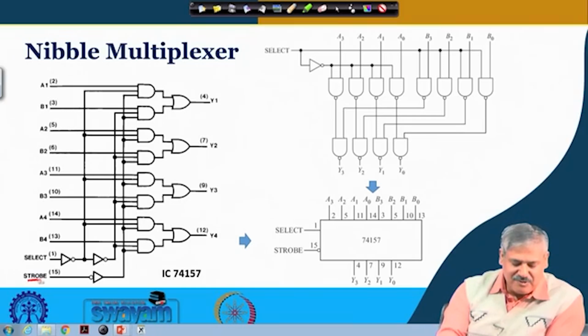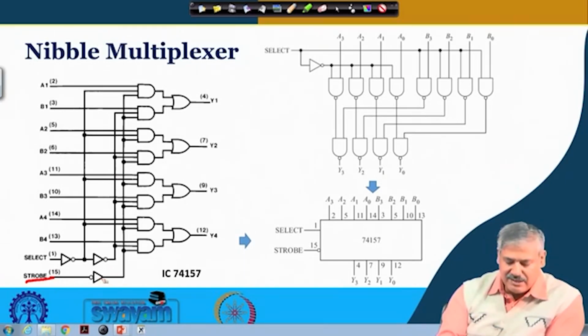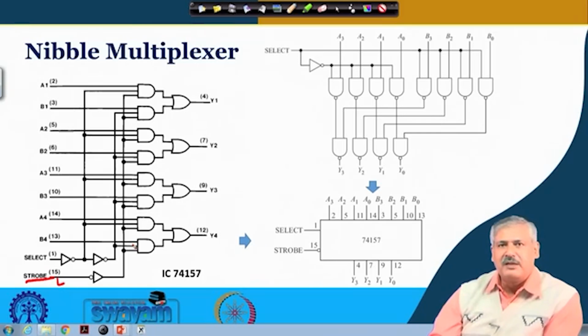So, one is strobe at the input side, which is common to all of them. If strobe is high, then the output will be 0 for all of them. So, when strobe is low, then only the normal multiplexing operation is there. That is what we have studied before and we understand it.